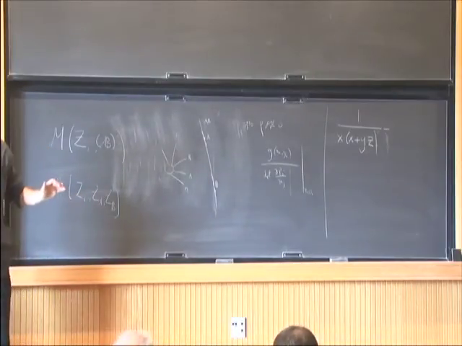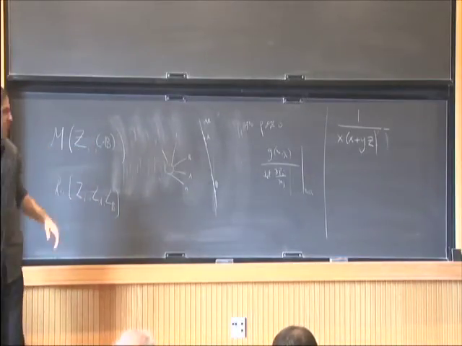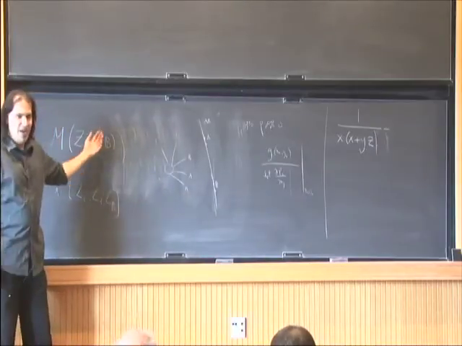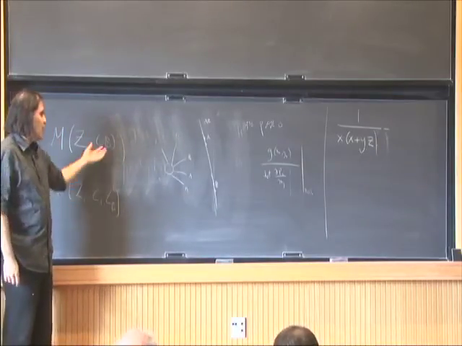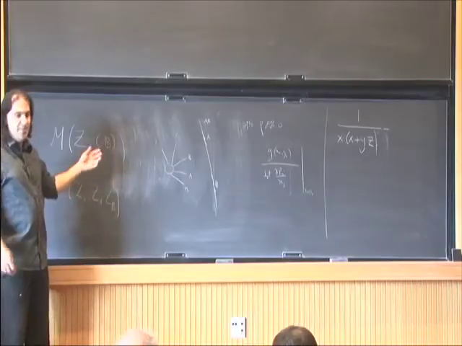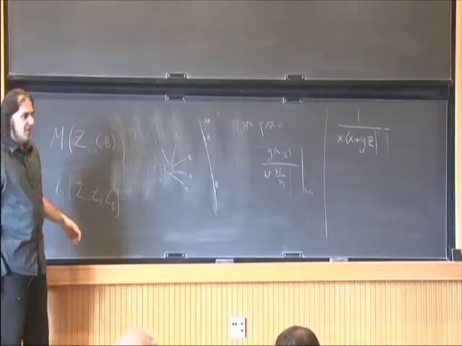So the loop integrand is really a form. I have to integrate over all these lines, and I'm telling you that you can get that form.